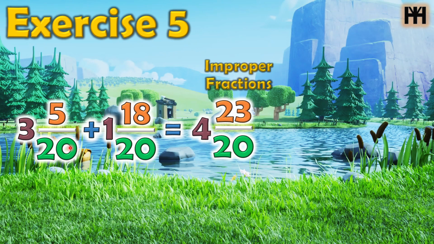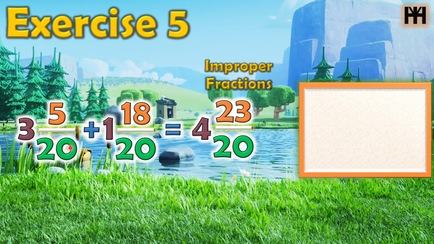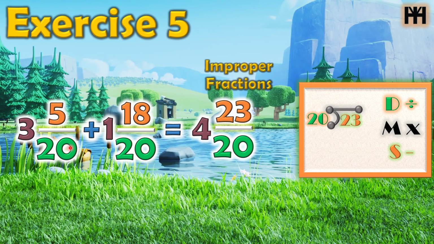Then this is an improper fraction, because the numerator is greater than the denominator. So let's turn it into a mixed number. So here it's 23, and here it's 20. Let's say 23 divided by 20, or how many 20s inside 23? The answer is only 1. Then subtract.